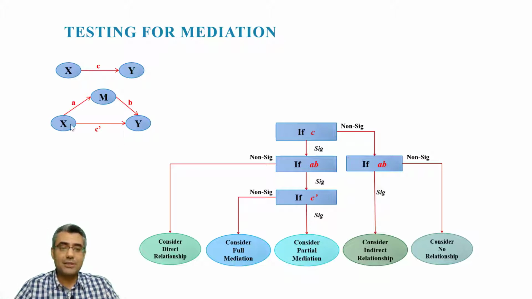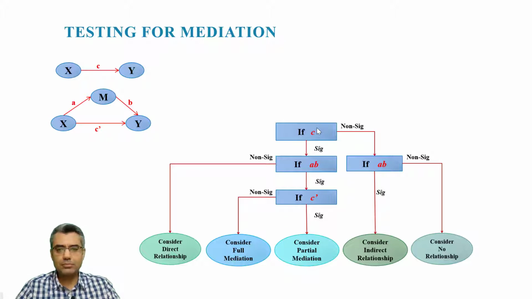Why? Because this means that C prime still is strong, means just part of the effect of X on Y goes through M. Still part of it goes through C prime, so we call it partial mediation. If C prime is not significant anymore, then we say that M is absorbing fully the effect of X on Y, so we call it full mediation.